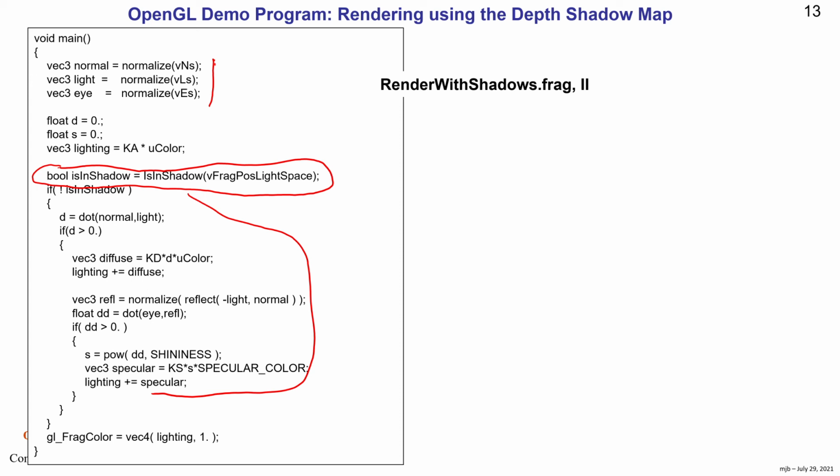But it's actually easier than that. If it's in a shadow, don't do the diffuse and specular lighting. The ambient gets done no matter what. That's what's going on here. But if you find out it's in a shadow, simply don't do the diffuse or the specular. The diffuse and the specular depend on the light being able to see this fragment.